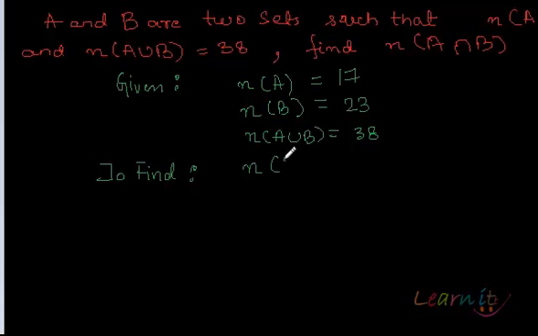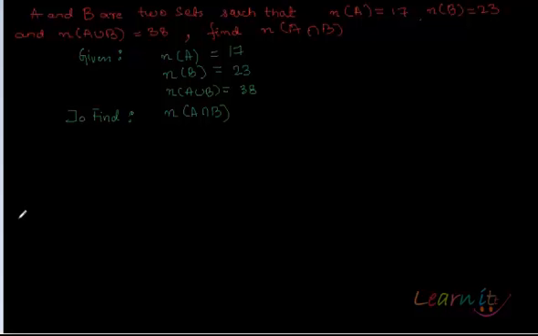We need to find out n(A intersection B). How do we proceed in that case? We should know the cardinal property of sets.